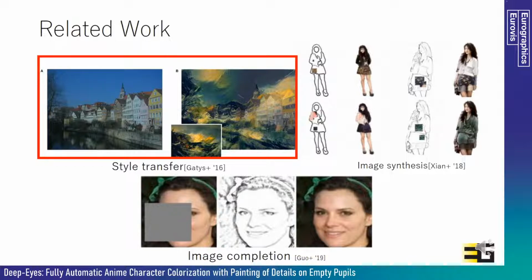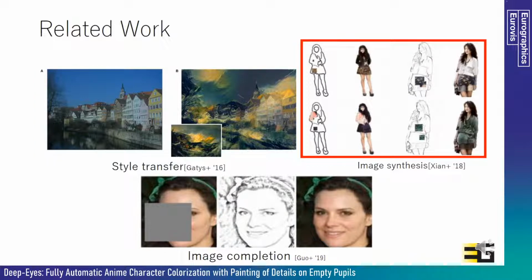However, this method is unsuitable for coloring line drawings of characters. This image synthesis method applies textures to regions in an input line drawing. However, it is designed for repeated patterns, so it is unsuitable for regions with unique patterns, such as pupils.